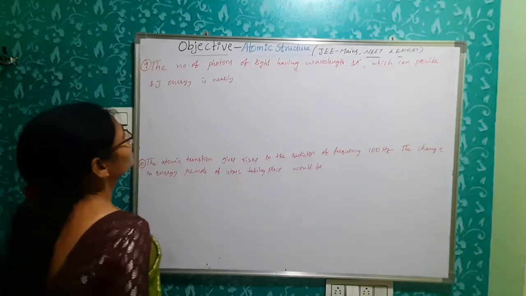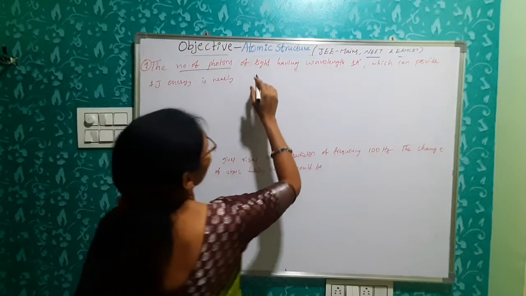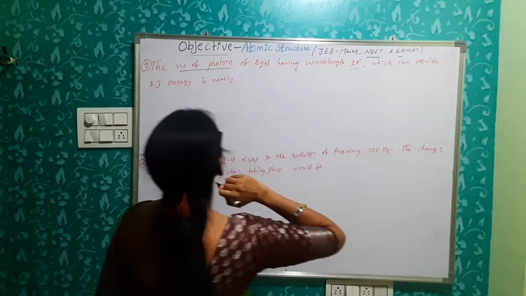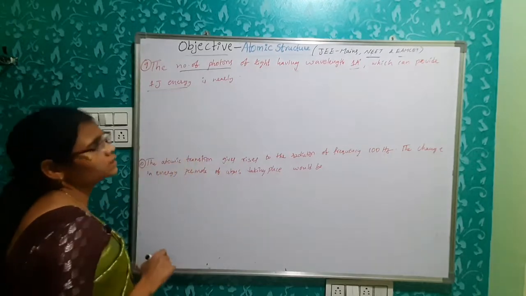Next, the number of photons of light having wavelength of 1 angstrom which can provide 1 joule energy is nearly.